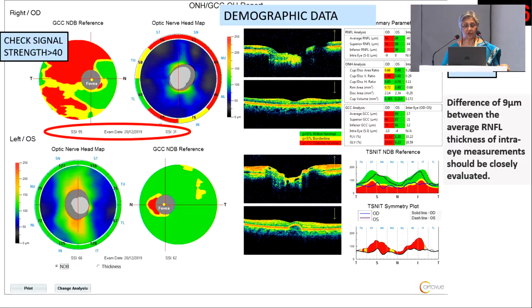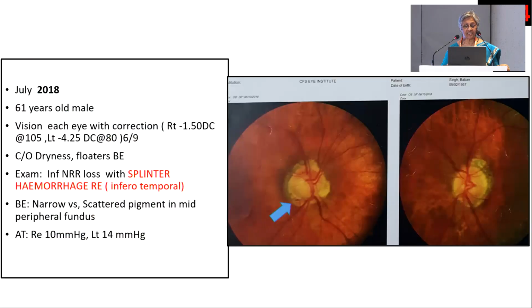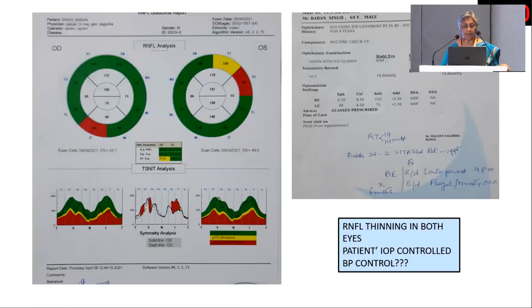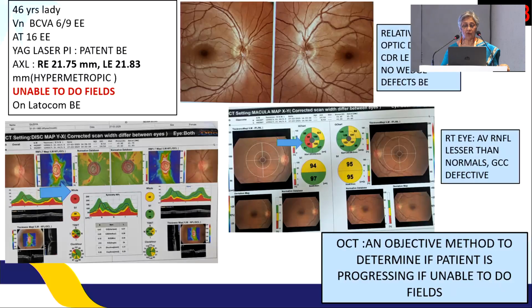The OCT which I'm now showing you is not of the RTVue, but of the newer OCT which we have just got, the NIDEK OCT, where we find that the right eye is showing definite thinning. Only 71 microns is the RNFL in comparison to the left eye.